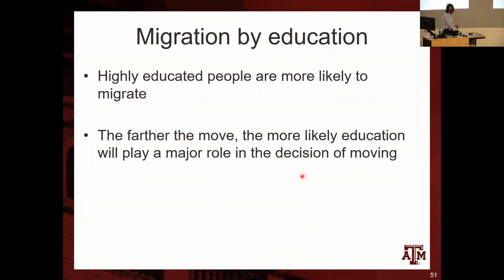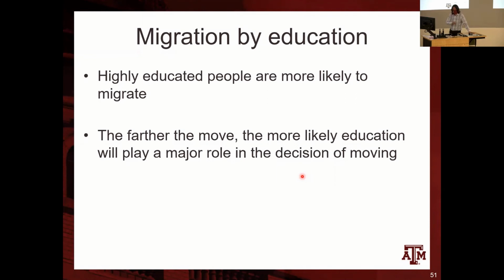Migration also varies by education. Highly educated people are more likely to migrate because they have more possibilities of knowing about jobs, and they have the means to move from one place to another. They get more information about job opportunities and about other places where they could have a good lifestyle. The farther they move, the more likely education will play a major role in the decision to move.